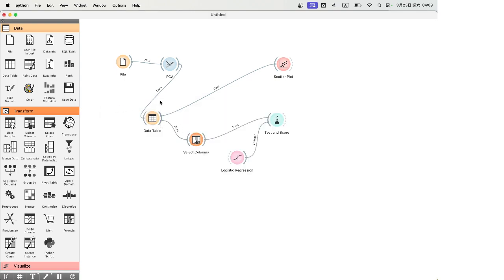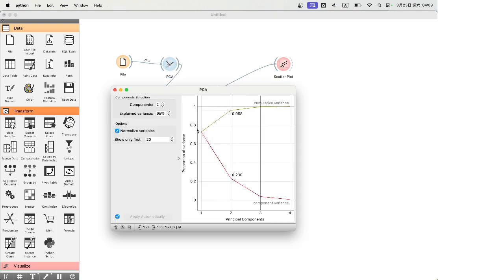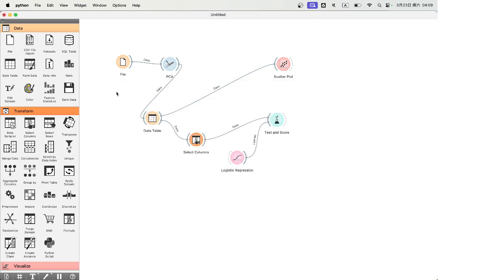But sometimes when you perform principal component analysis, it removes some little noises, and such noises would affect the classification accuracy.